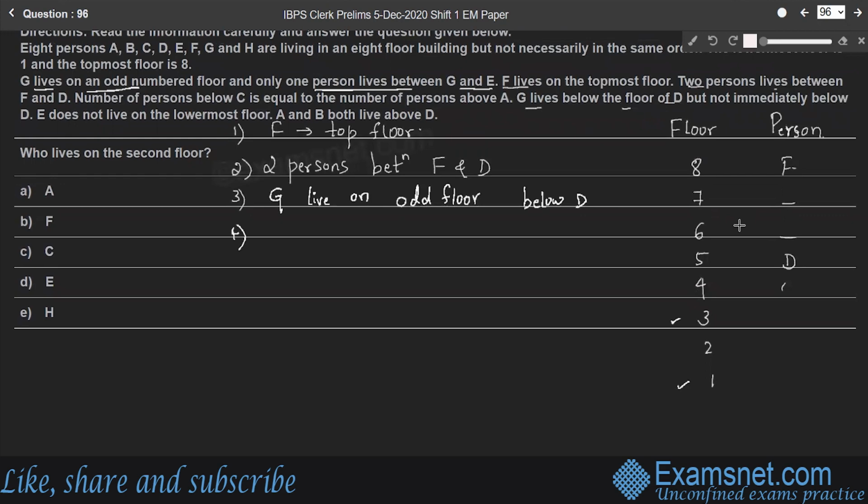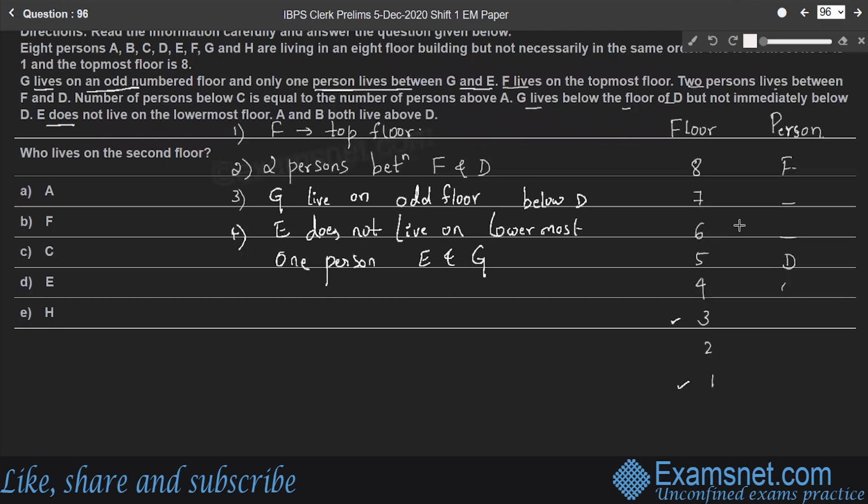And also E's floor. What is E's floor? E does not live on the lowermost floor, and one person lives between E and G. Right?